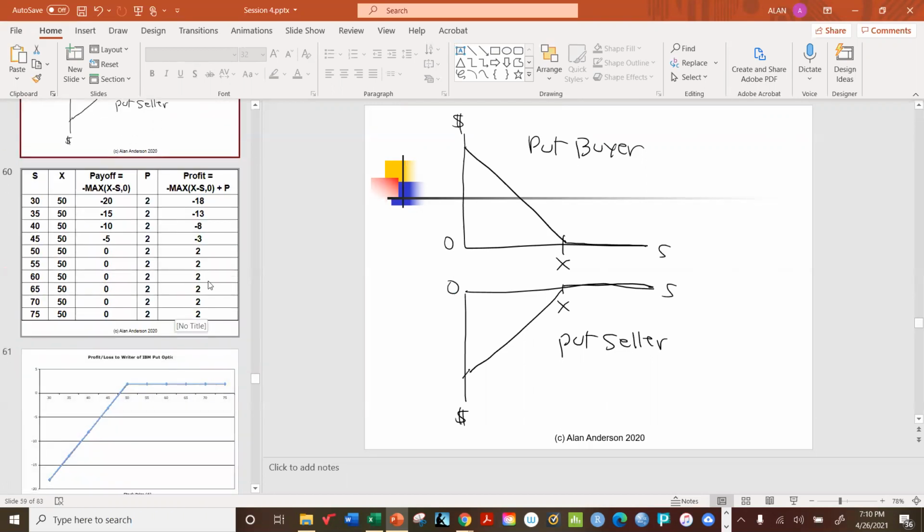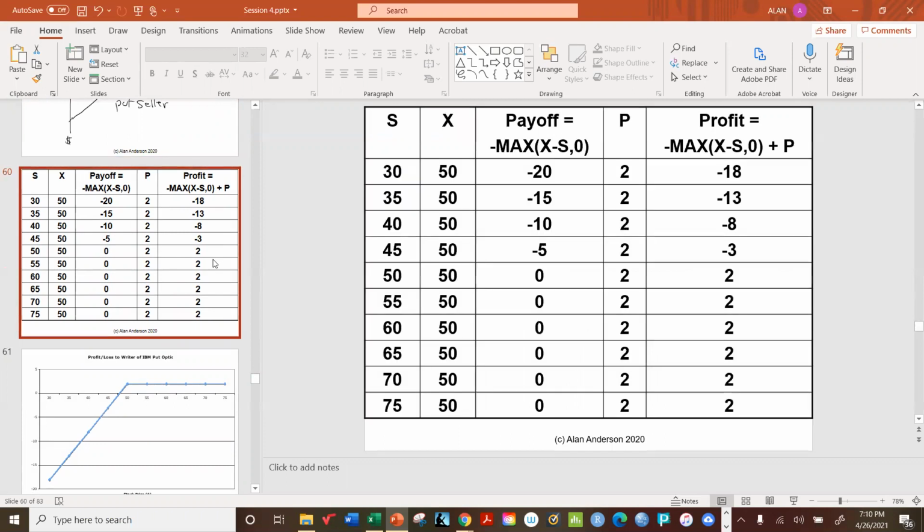All right, now, of course, what we still have to consider is the profits of the put seller, which means that they're collecting the $2 put premium. And so I put in another column here and combine that with the payoff to give me the profit. And you can see, oh, look at this.